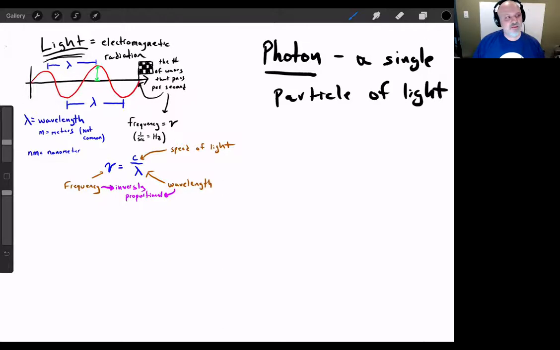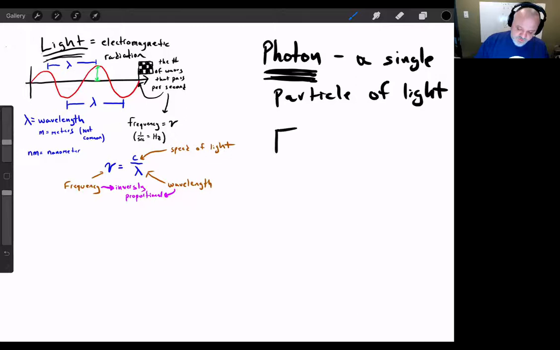There is a duality in the nature of light. The duality is between light's apparent ability to be both a wave and a particle. We'll talk about that a little bit more in a second, but I want to at least define this idea. If we're talking about light as a particle, then we refer to that particle as a photon. And a photon is a single particle of light.